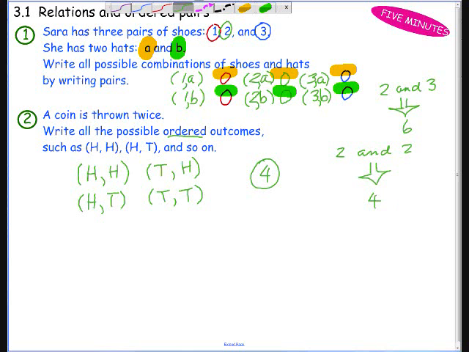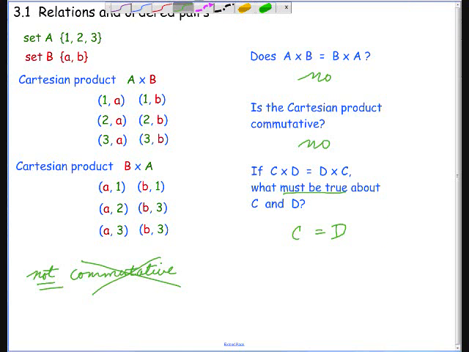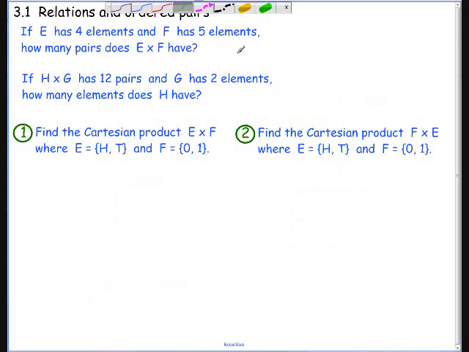So you probably have arrived at a thought for this one, and if it is that 4 and 5 element sets will yield 20, I agree with you.